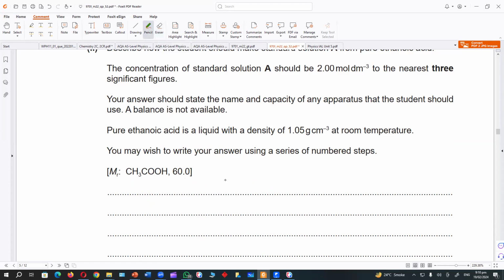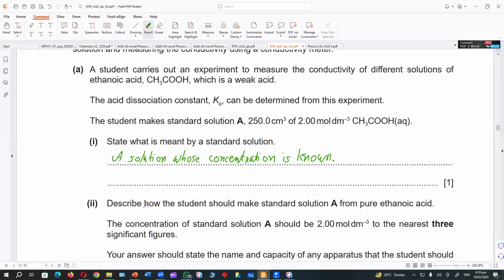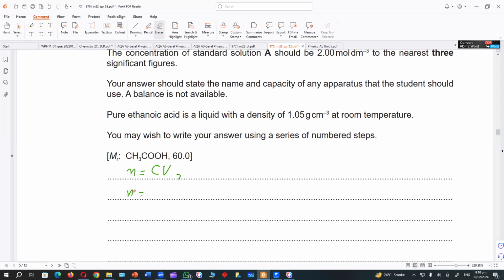Double check that if we use it's 2 mole per dm cube 250, we need the starting volume, which should be not very high, so we can put it in a beaker. It's 0.5.